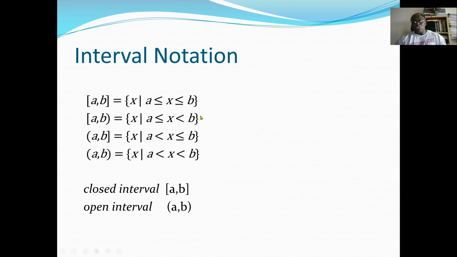Now the other part is an open interval, so it should be less than B. Which means x has a value that is greater than or equal to A and is less than B. Same thing, this time the square bracket is at the B section, so the equal sign will go to the B. So here we can say x is greater than A and less than or equal to B. And next we have both open interval A and B. So x is greater than A and also less than B. Again, the square bracket is called the closed interval, and the open interval is regular parentheses.